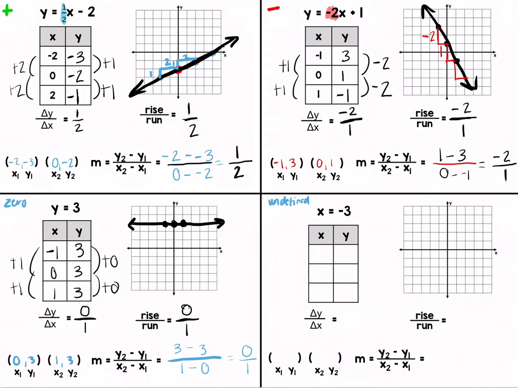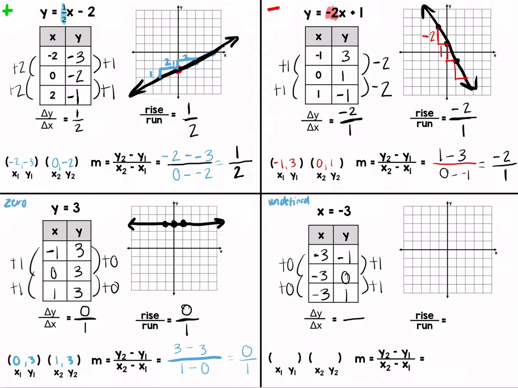Okay, now if I have x equals -3, that means for any y value, my x value is going to be -3, no matter what. Even if I have any crazy type of y value, it's going to be -3. So that means that my y values are increasing by 1, but my x values are increasing by nothing.